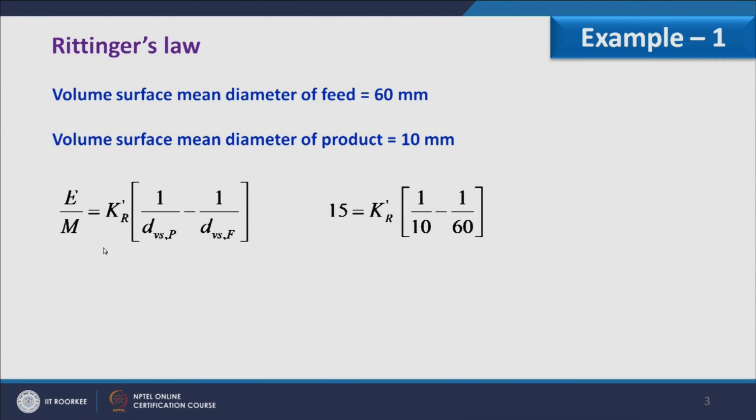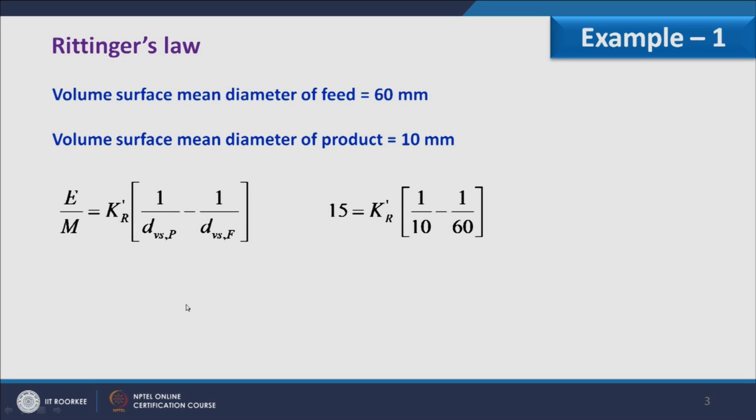So, here I will write the value of E by m, which is given as 15, K r dash that we have to compute, 1 over 10, that is the value of volume surface mean diameter of product, minus 1 over 60, 60 is the value of volume surface mean diameter of feed.